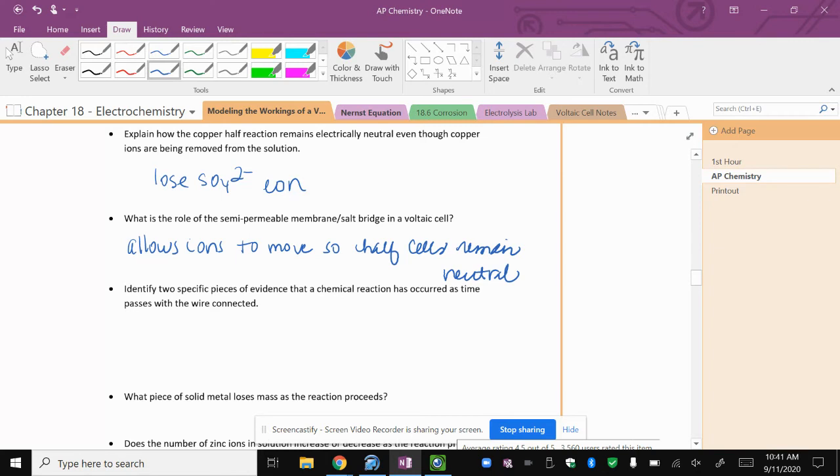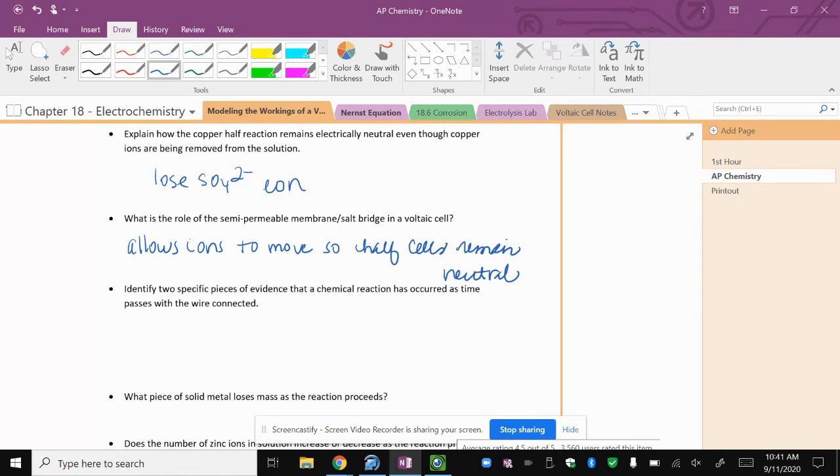All right, and then we're to identify two pieces of evidence that a chemical reaction has occurred as time passes with the wire connected. Right now, there's actually several, so I'm going to list all the possible pieces of evidence. One is that remember that our zinc electrode went from having a zinc atom to having a zinc ion.